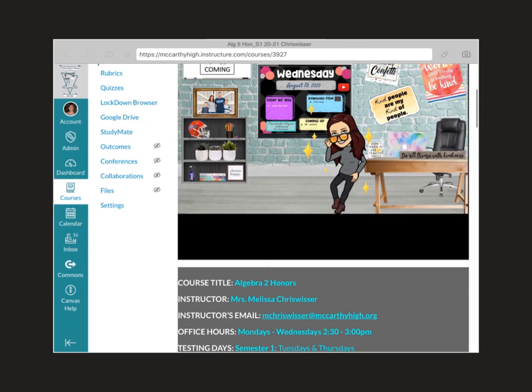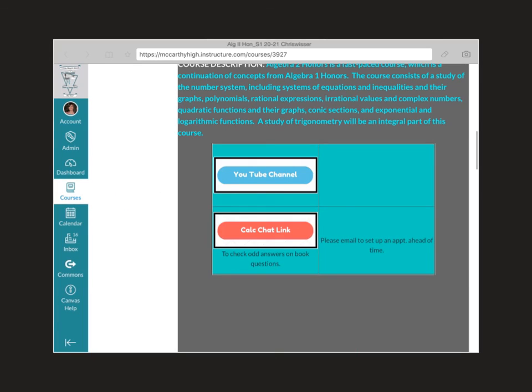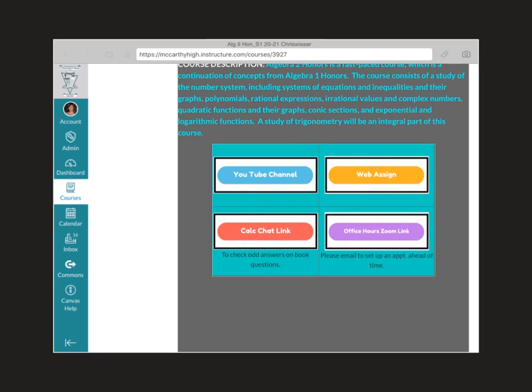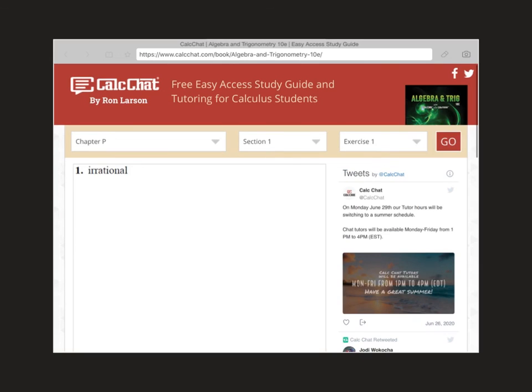On the bottom of that home page, there's a link to Calc Chat. So if you click on that link, there we go. When you click on that Calc Chat link, it should take you directly to your book's answers.